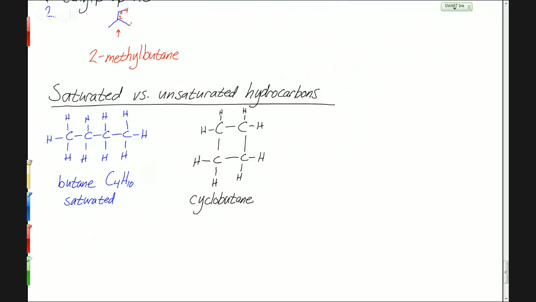They're not. Why are they not isomers? They don't have the same formula. Right, they don't have the same formula. Cyclobutane is C4H8. So that would be unsaturated because it has fewer than 10 hydrogens there.